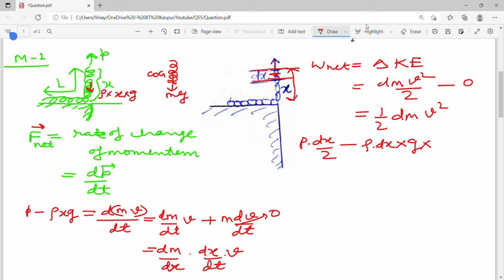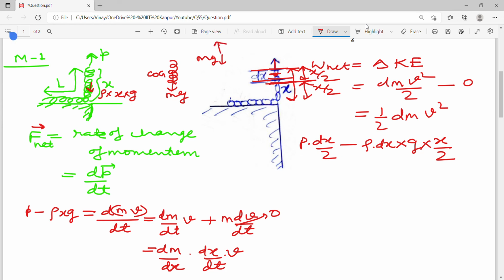If you have lifted x, where is its weight acting? At x by 2, x by 2 here, right? So you can say this is its displacement, mg into displacement, okay? Or you can say mg is acting downwards and displacement is upwards, right?